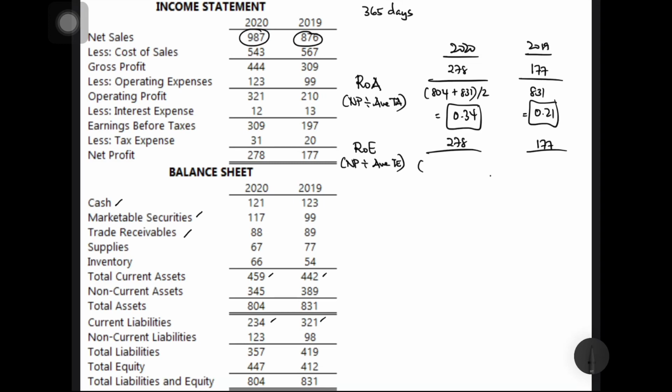Average this one because you have prior year, 447 plus 412, average, and this is 412. Answers: 0.65 and 0.43.